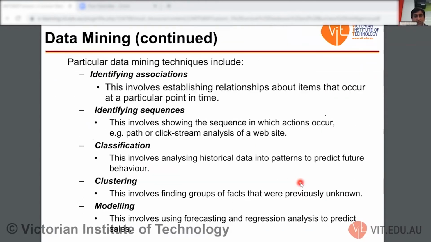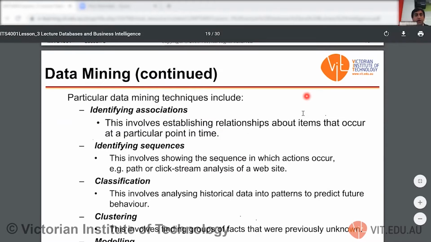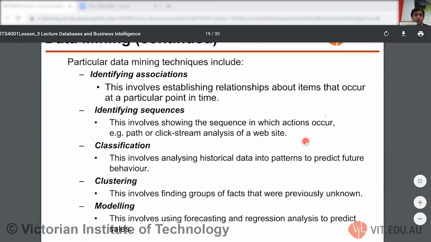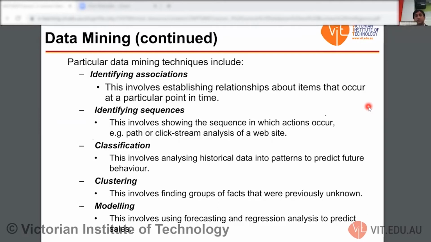So with data mining, we would normally use different data mining techniques. Some of the most common data mining techniques that we use include identifying association. Identifying association involves establishing relationships about items that occur at a particular point in time.